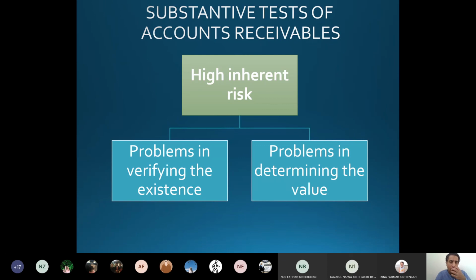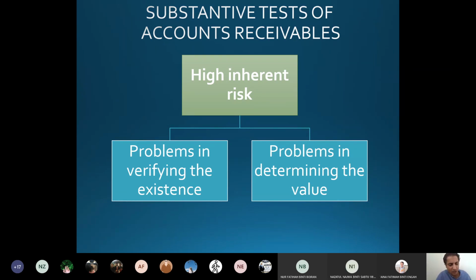That's why this account is risky, for one thing, and it also allows the client company to play around in terms of overestimating their assets by recording some sales in accounts receivable without having the cash. They say, okay, customer number one owes me 5,000, customer number two owes me 10,000, so I have assets of, let's say, 1 million.